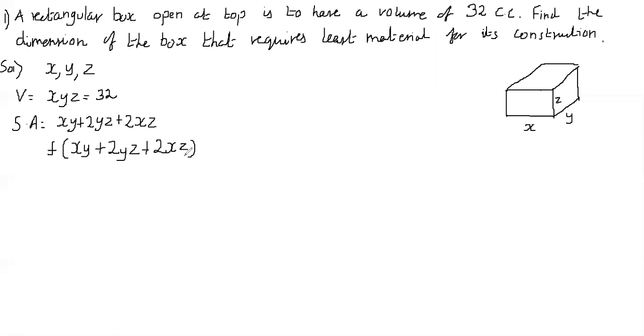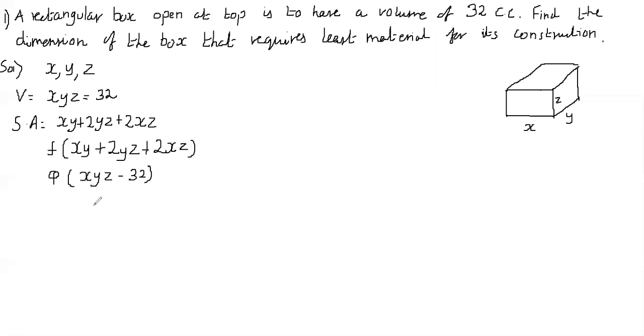And what is the constraint? What is the given condition? That is known as the constraint. We can write it like this: xyz, and if we take 32 to this side, it should be minus 32. So xyz minus 32 is the constraint.